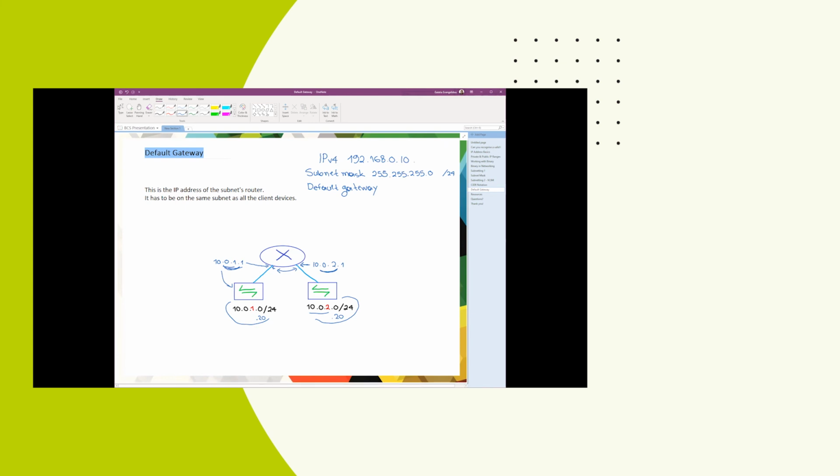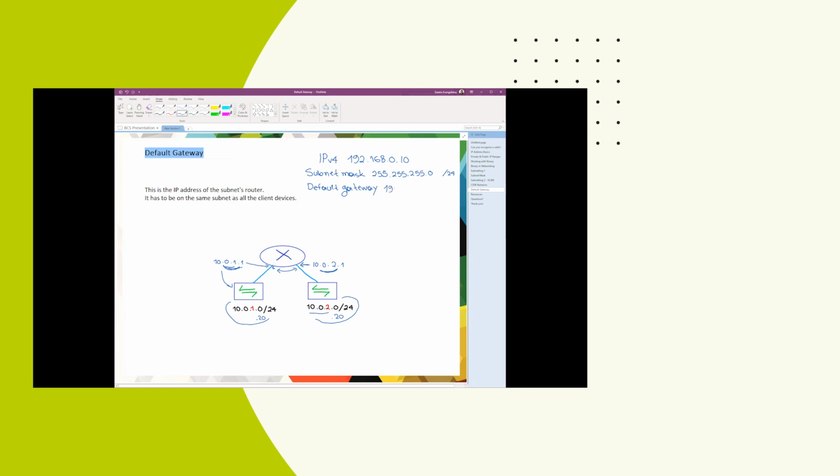Could you answer this question then? If my laptop at the moment is on this network and has this subnet mask, what is more likely that my home router IP address is? What is my default gateway at home? Let me start writing it.